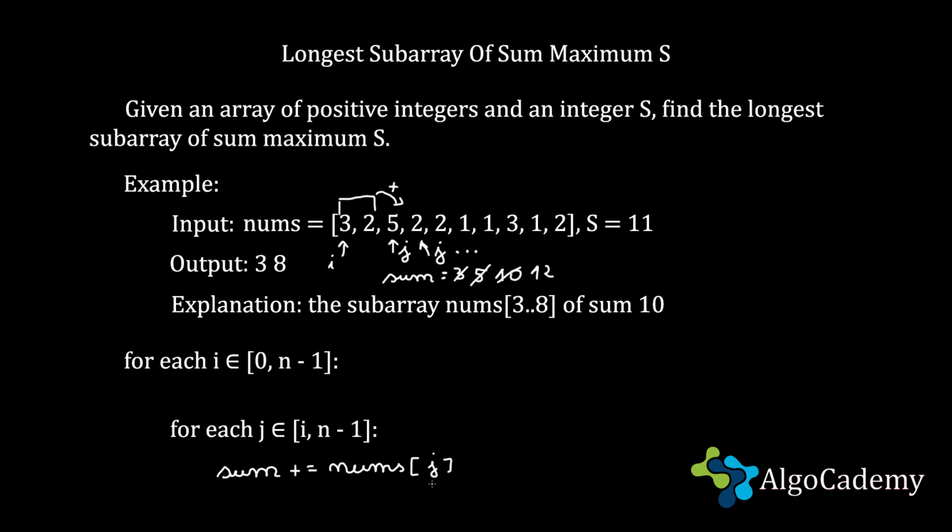There is one more case, of course. And that case is when we move to the next subarray, we either increase j or maybe let's say i. So i is 0. And after going through each value of j, j is at some point, of course, on the value n minus 1, the last iteration of this loop, and we have the sum of all the elements in this array, right?